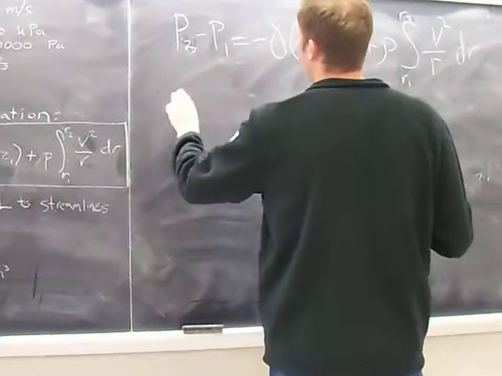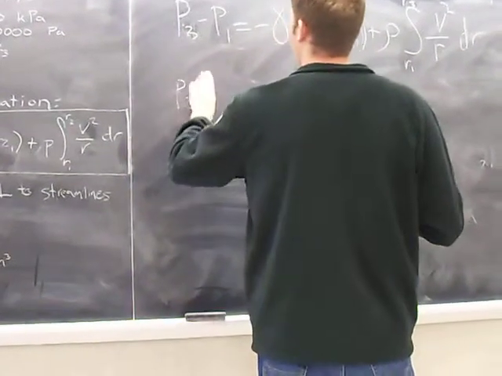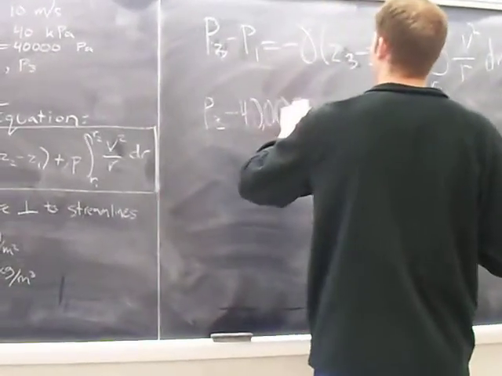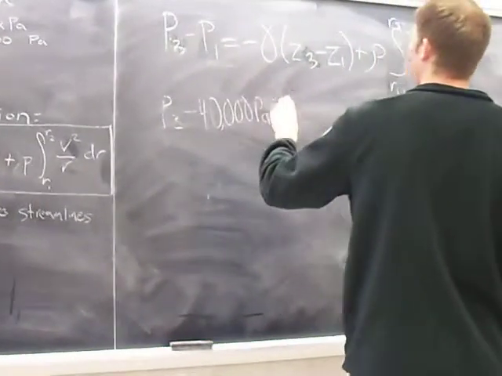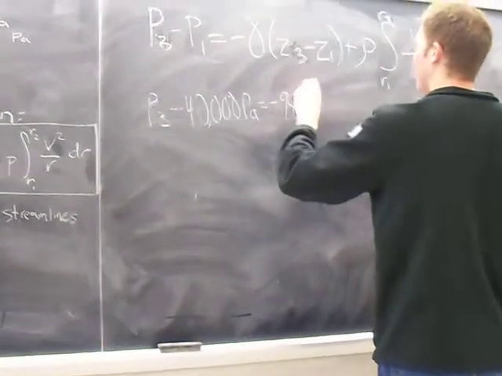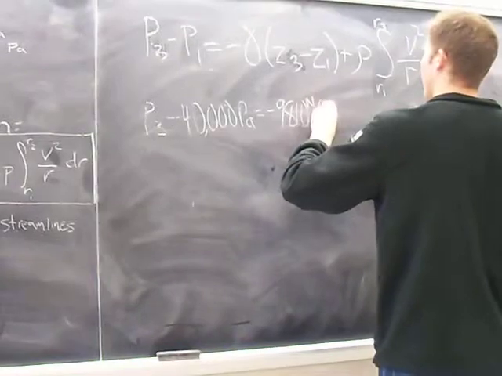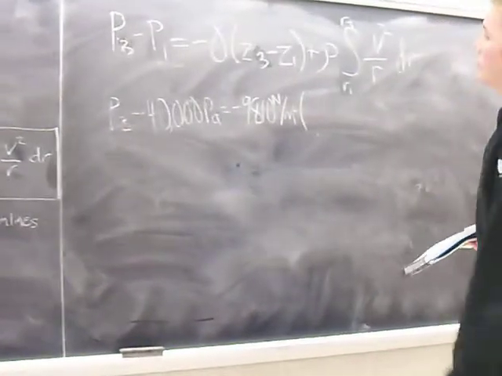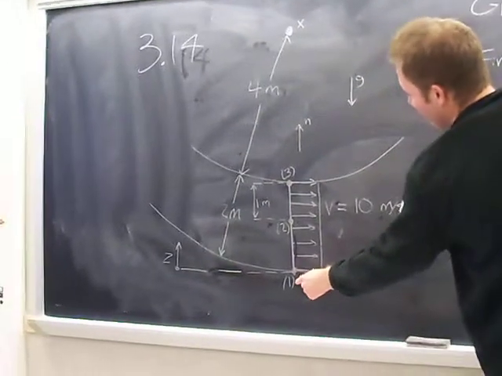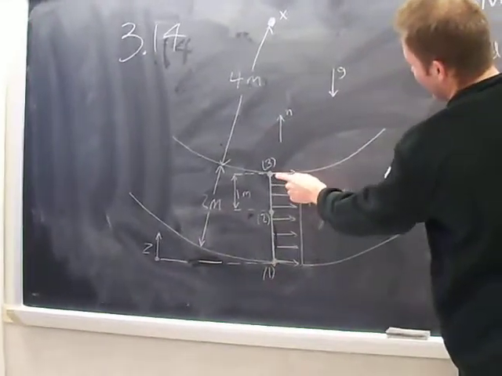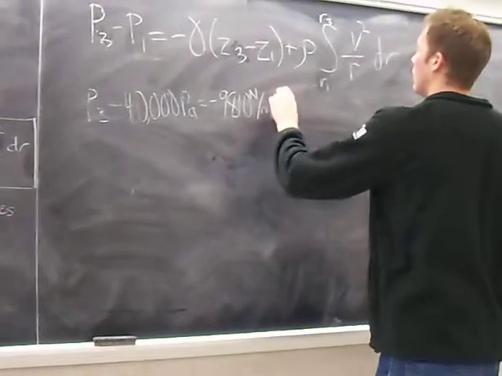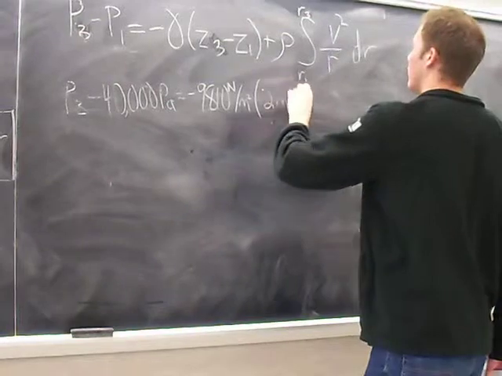We already know P3 minus 40,000 pascals is equal to negative gamma, which is 9810 again, newtons per meter cubed, times Z3 minus Z1. Here we have, once again, our datum down here, so Z1 is equal to 0, but now our Z3 is up here, and that's equal to 2 meters. So we have 2 meters minus 0 meters.